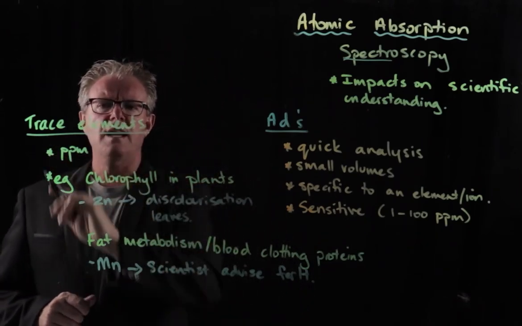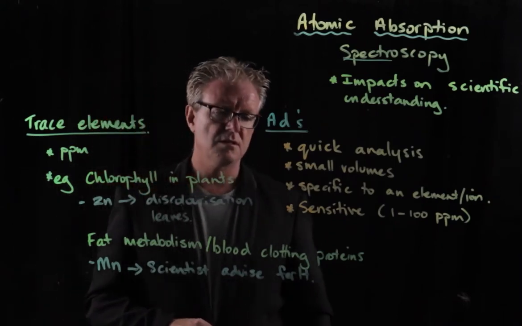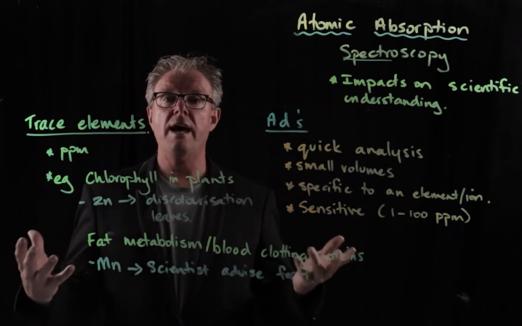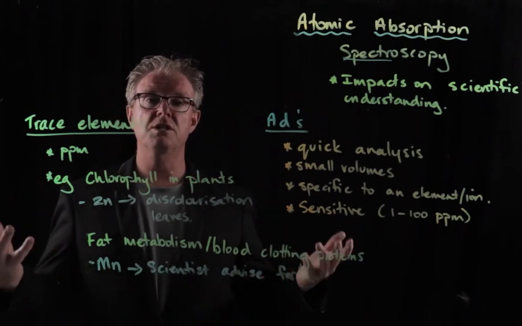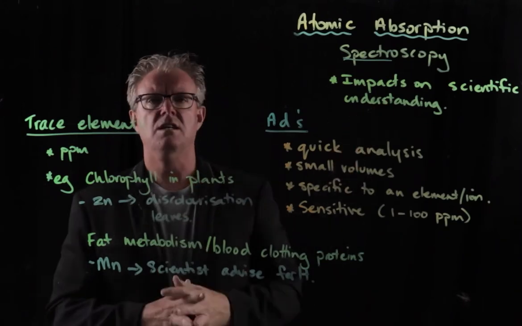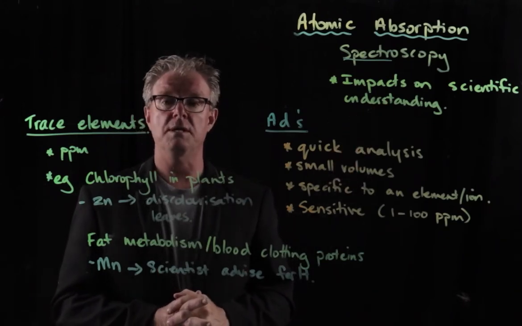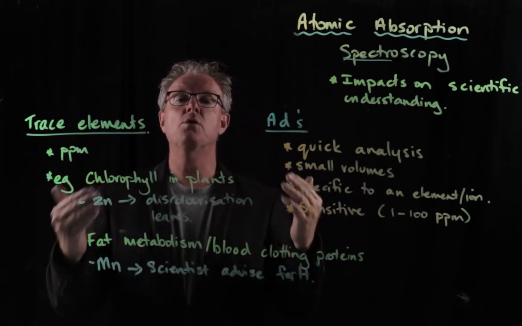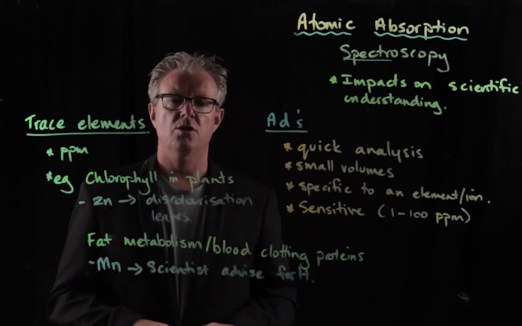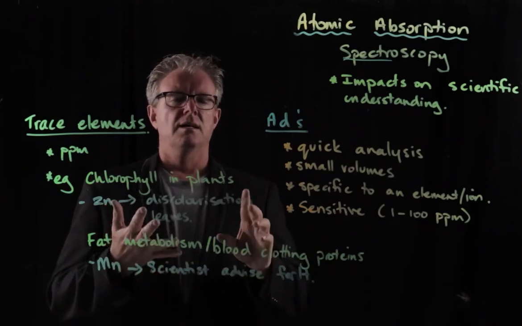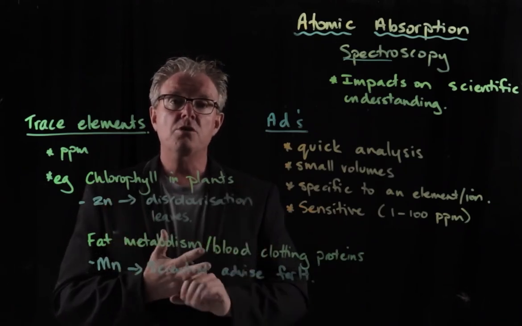So you can see that our understanding of trace elements enhances our management of agricultural yield and production, both in terms of plants and animal production, because of this technique, atomic absorption spectroscopy, as well as analysing water samples and monitoring pollution. Monitoring trace elements in water, such as lead and mercury.